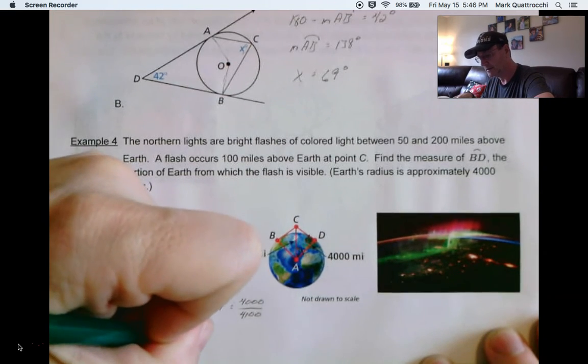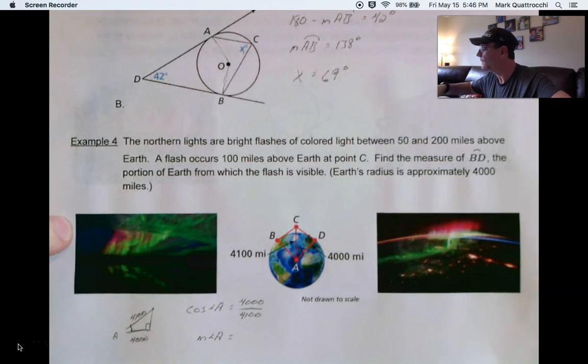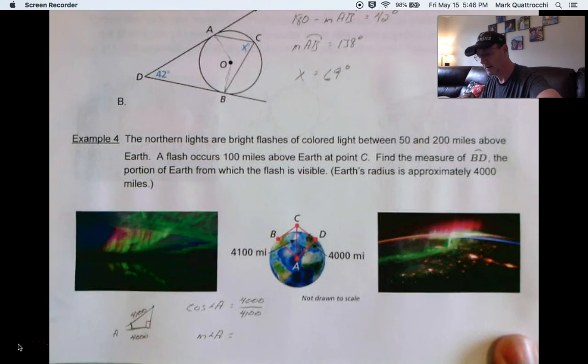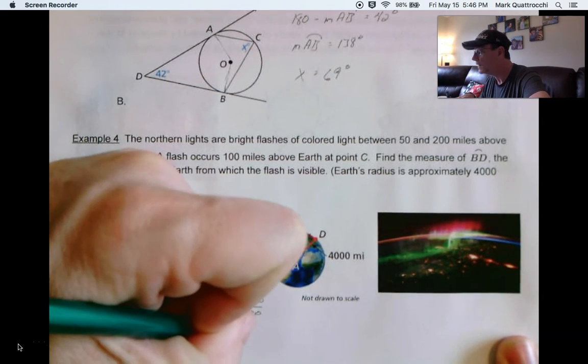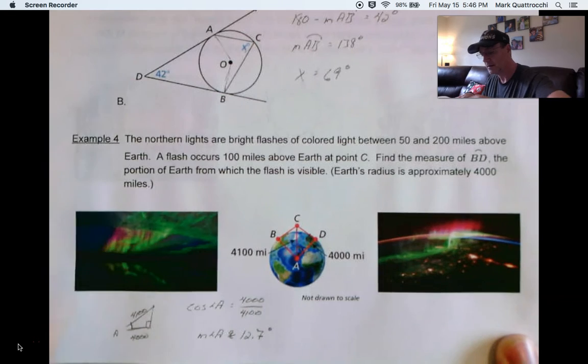Inverse cosine is going to tell us the measure of angle A. I'll turn my calculator here. 40 divided by 41. And then inverse cosine, make sure we're in degrees, and we get approximately 12.7 degrees.